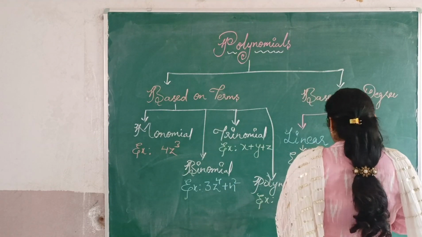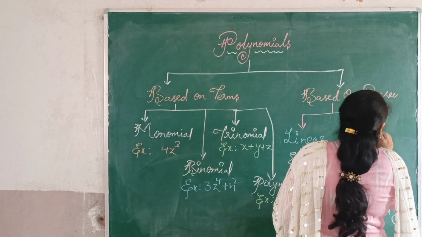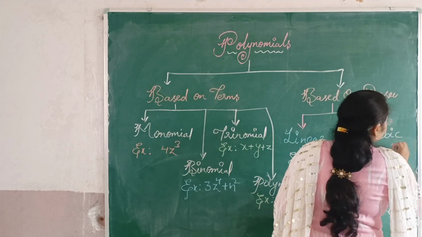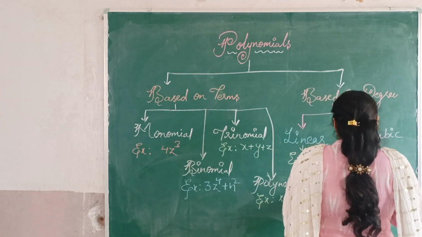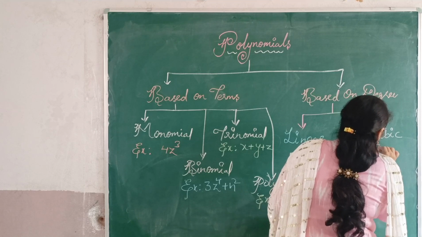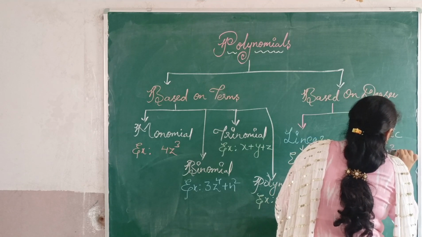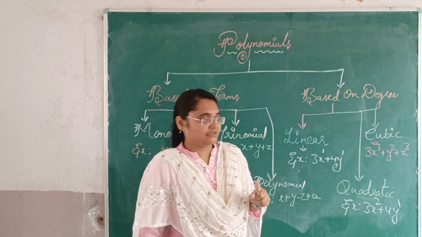Coming to the next one, cubic polynomial. Cubic in the sense degree will be 3. So example, 3x cube plus y square plus z cube. Anything you can take, degree should be 3.